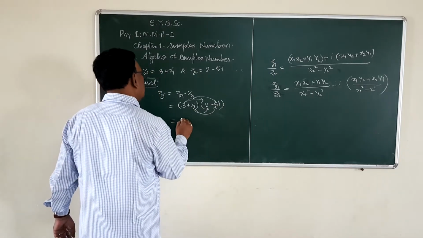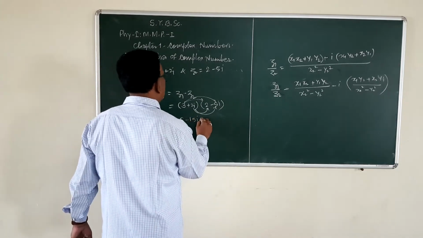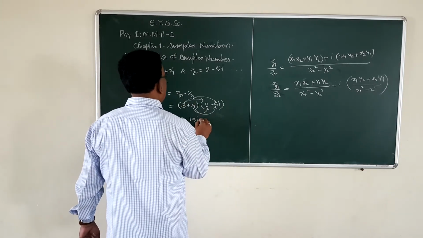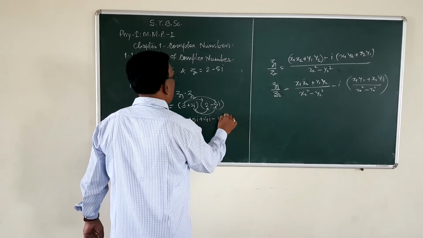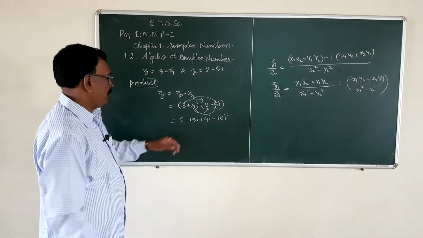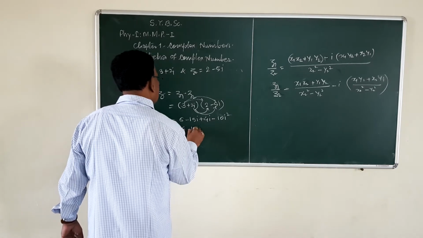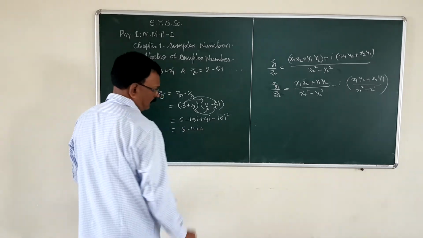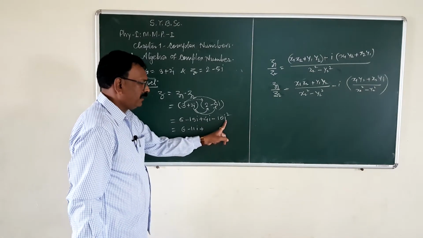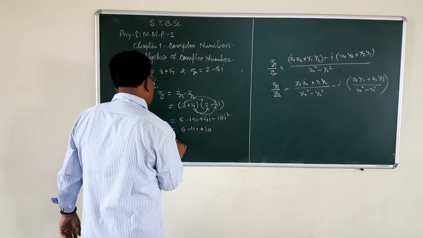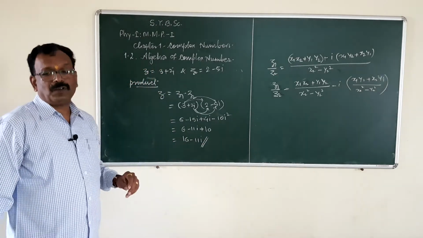Therefore we will get 6 minus 15i, then plus 4i minus 10i square. After simplification of this term, we will get 6 minus 11i plus, as the value of i square is equal to minus 1, plus 10. Therefore 16 minus 11i. This represents the product of two complex numbers.